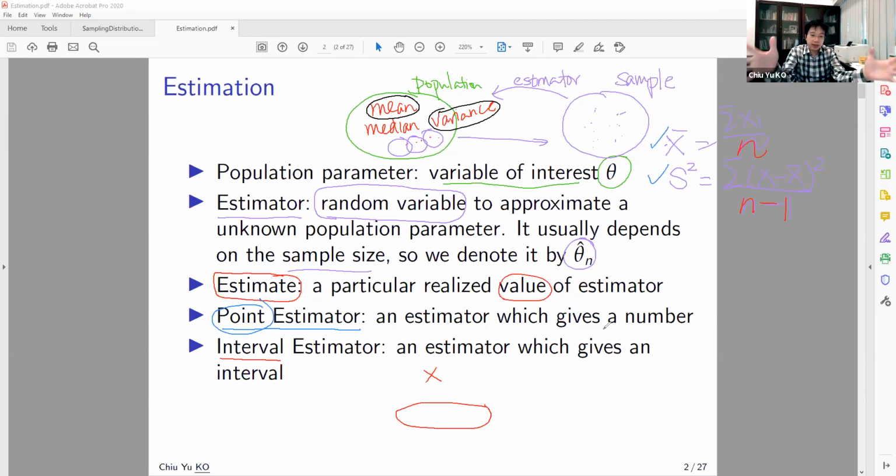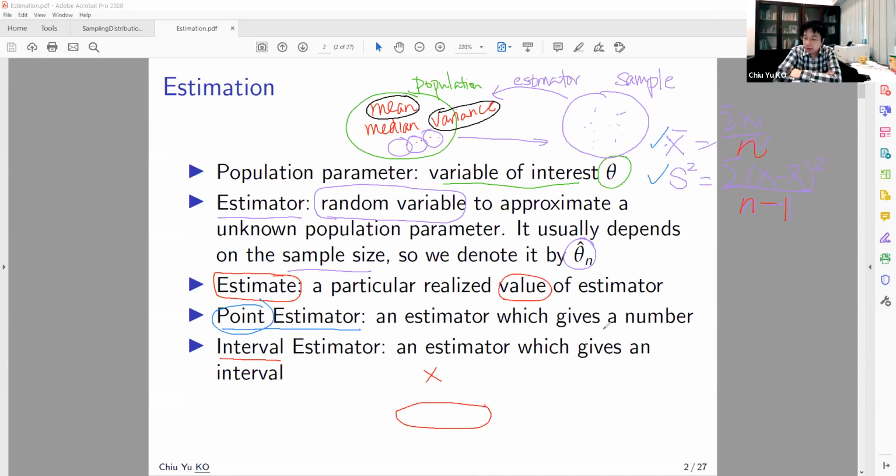Because by giving you a range, it's more likely to get it right. Also, when you look at an investment bank's analyst report for a particular stock, you say, oh, for stock A the target price is $50. That's a point estimator.